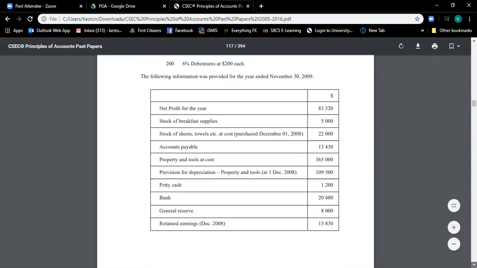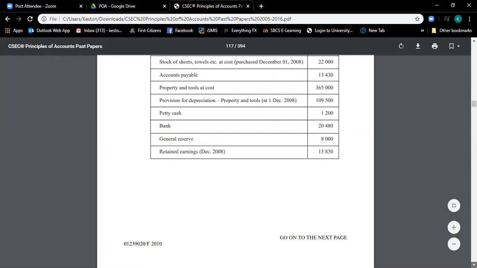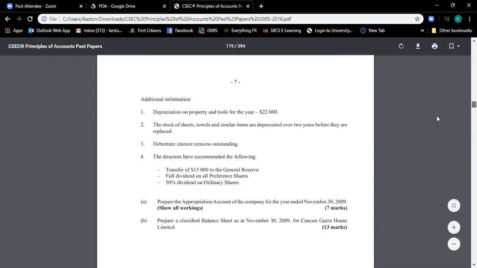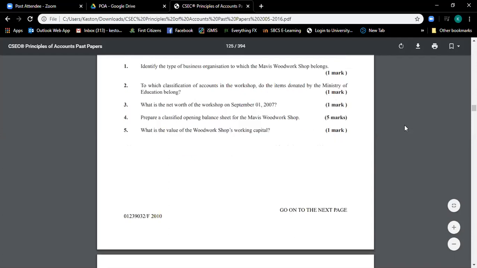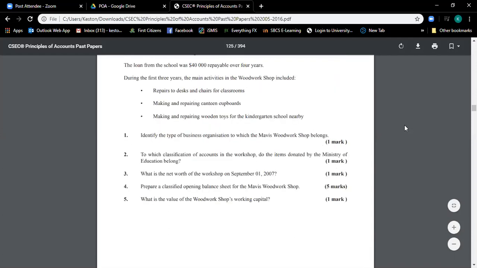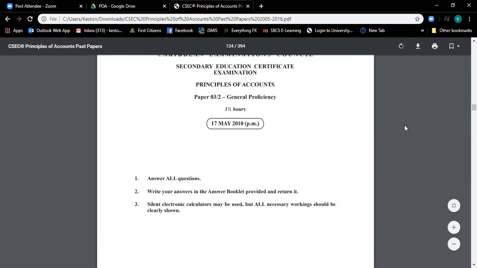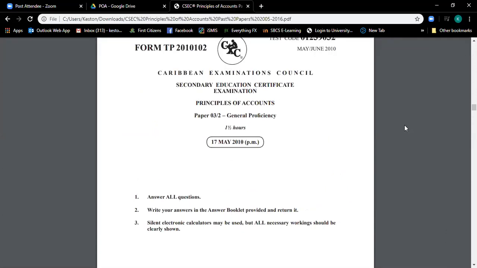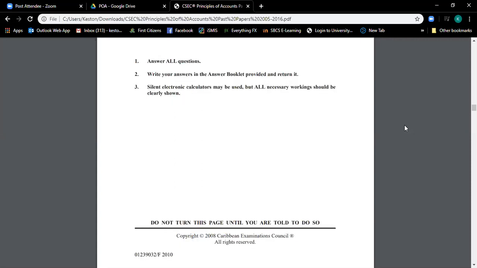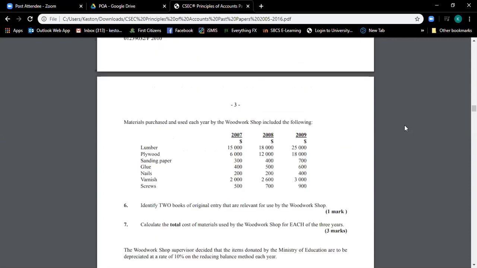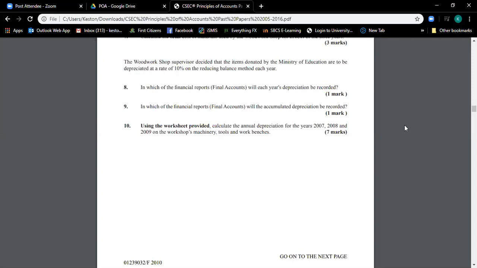So just to take note of a couple of things here, there was some working that we needed to do for the fixed assets part.